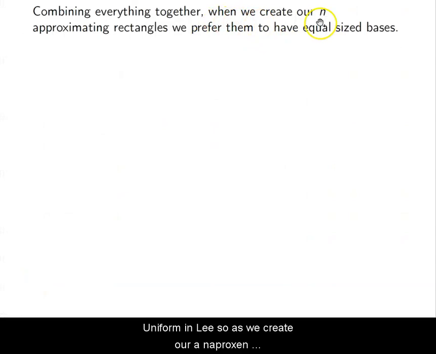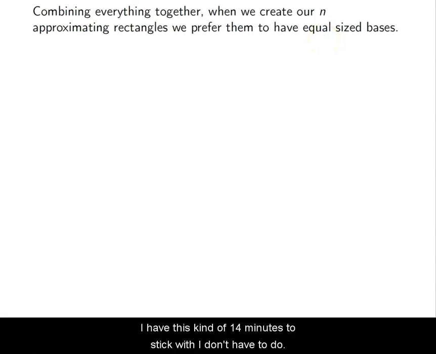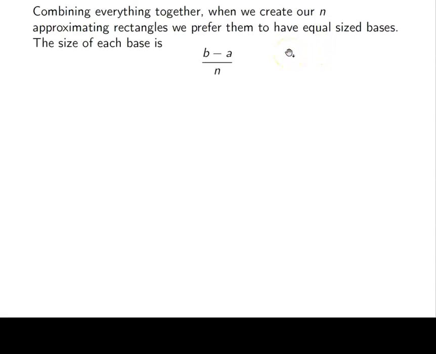So as we create our n approximating rectangles, we'd want them to have equal sized bases because it's easier that way. I have just one formula to stick with. I don't have to do a lot of extra exploration and analysis using derivatives and critical points and things like that.